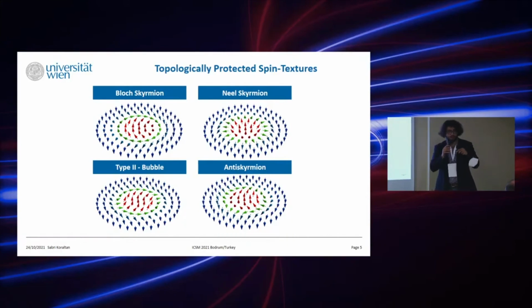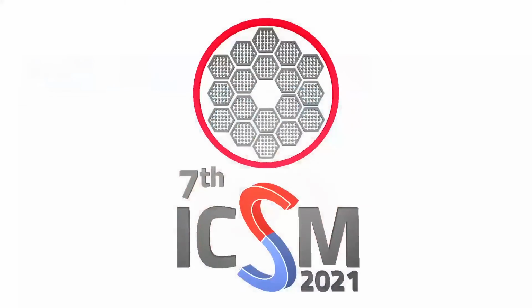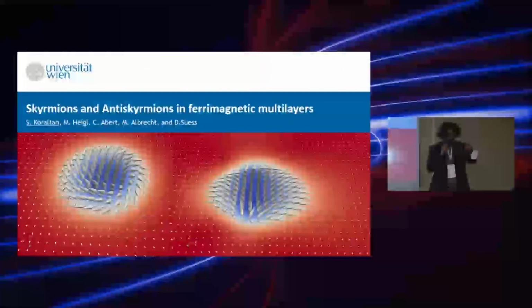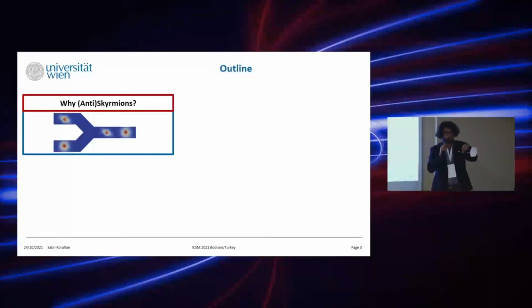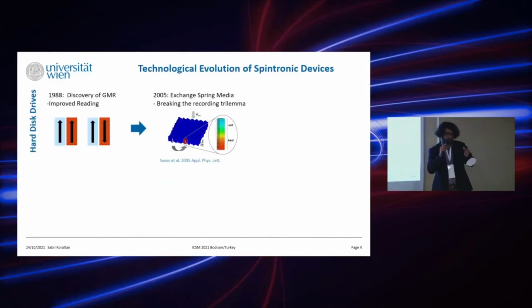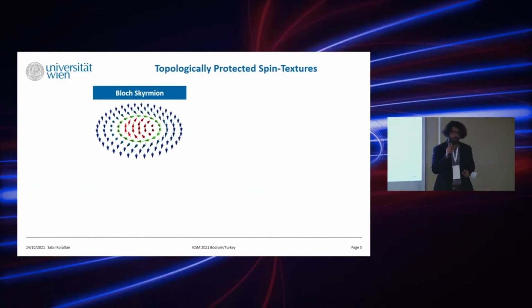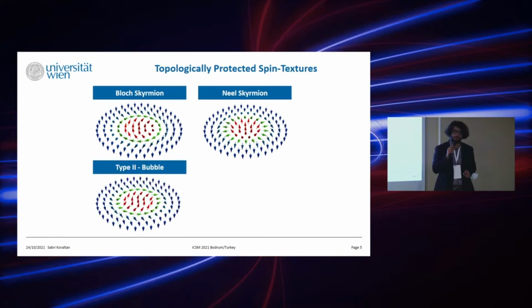Even two skyrmions would repel each other. They can join, but there would still be some attraction or repulsion forces. So skyrmions are more stable. They have this topological protection, and they are also protected by the different magnetic fields that they create based on their spin textures.